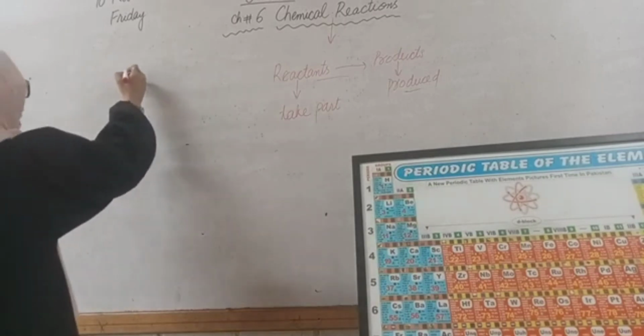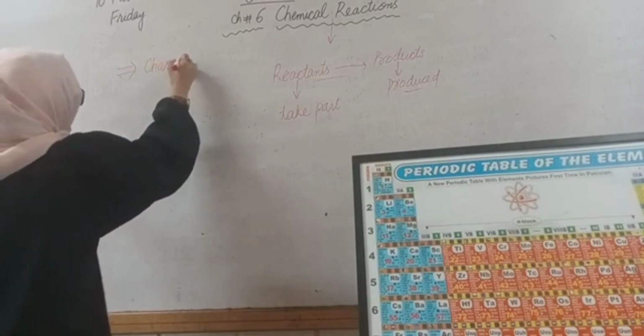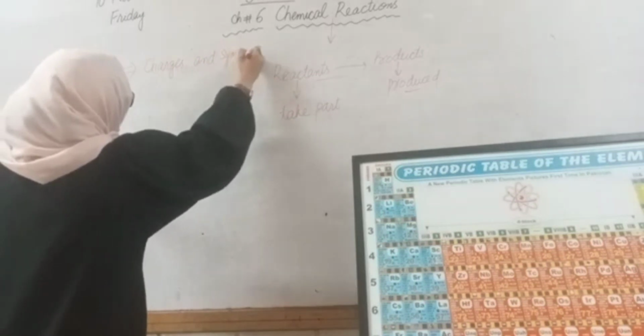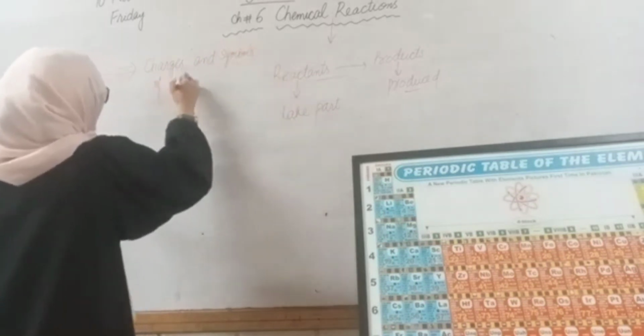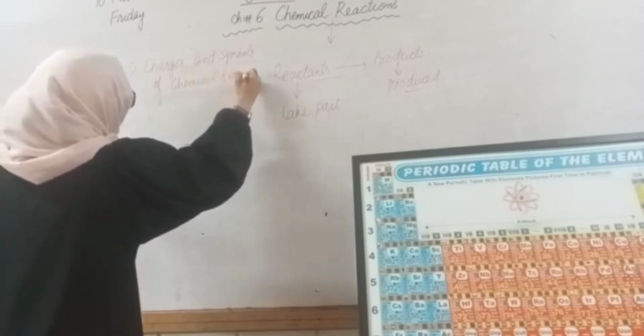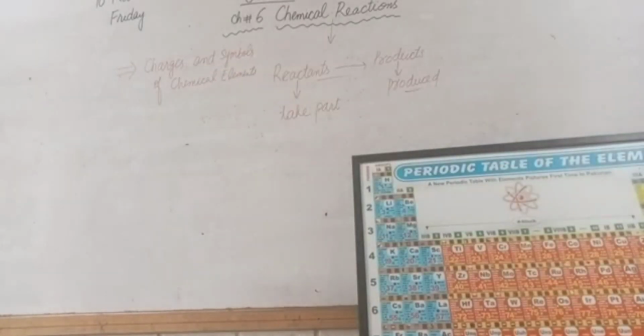You know that we have made a list of charges and symbols of chemical elements. We can also get an idea from the periodic table as well. So today we will do many reactions in a theoretical manner. Let's start doing the chemical reactions between the chemical elements.